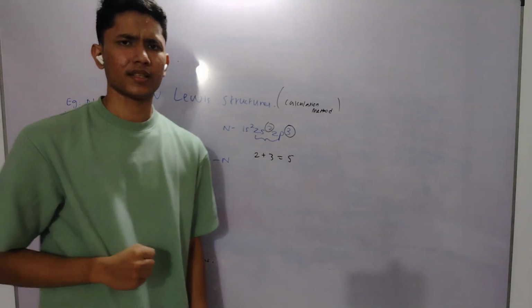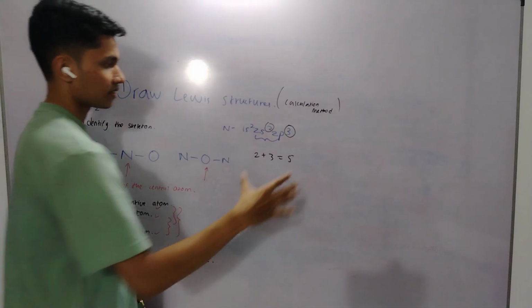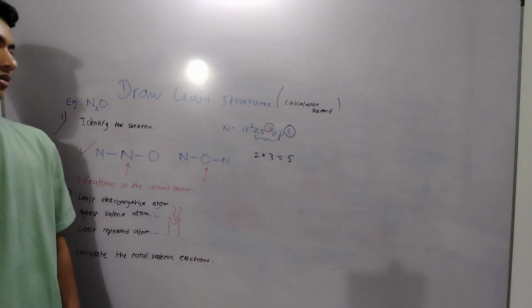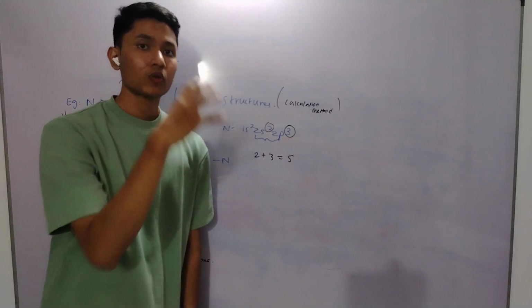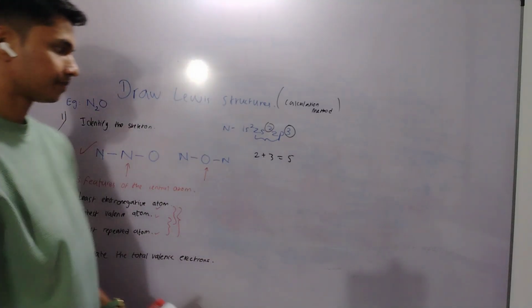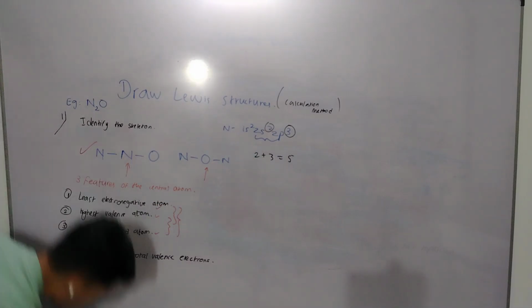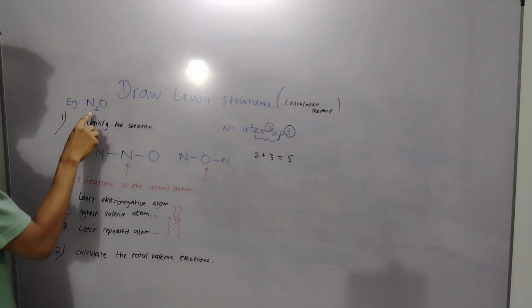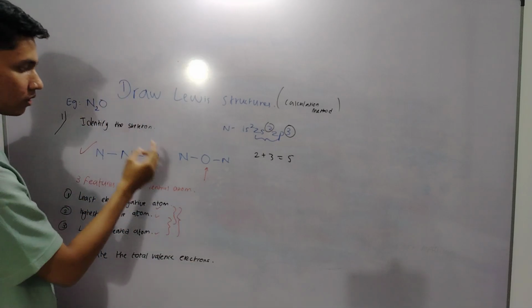What is meant by valency? You will learn that later. For now, just remember valence electrons means the number of electrons in the outermost shell of an atom. 2 plus 3 is 5. Here we should calculate the total valence electrons for this molecule.